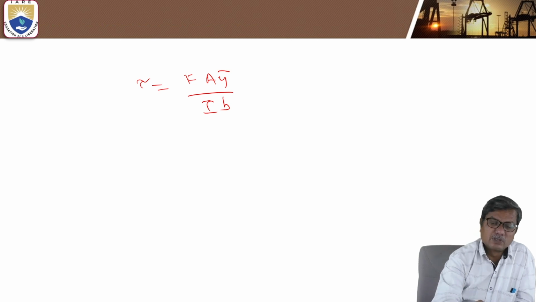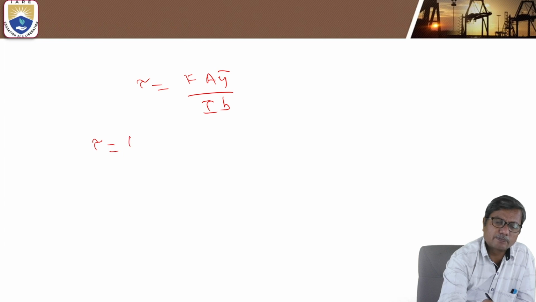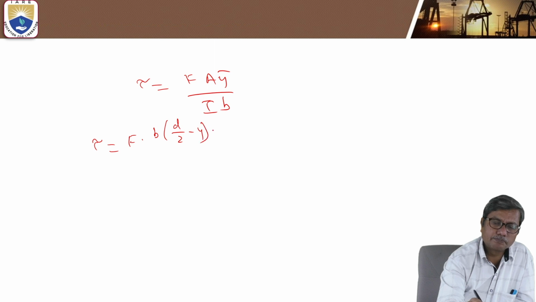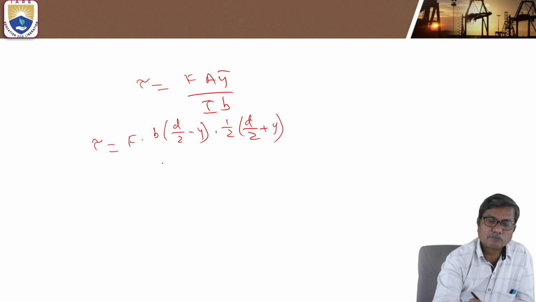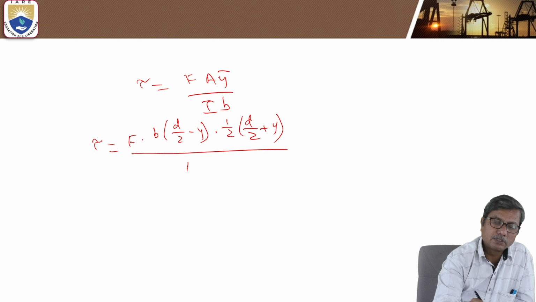Just now we have seen the values of A. A is b into d by 2 minus y, and y bar is half into d by 2 plus y, by moment of inertia, let it be I only, into width.